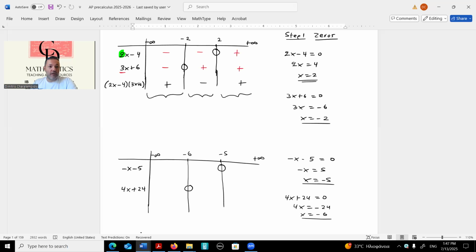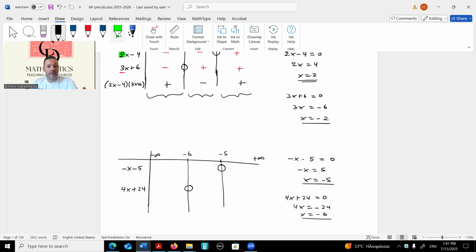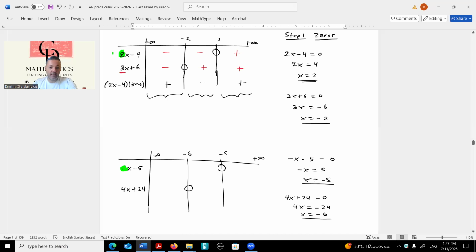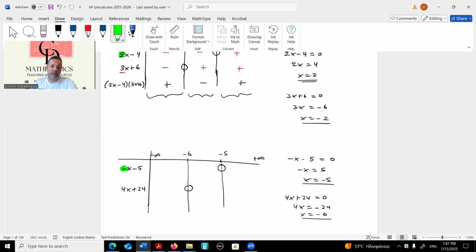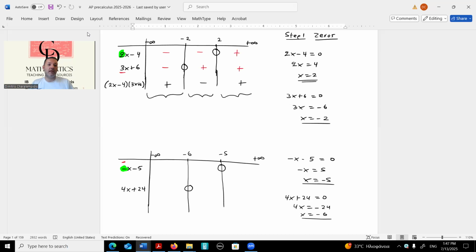Minus x minus 5. The coefficient of x is negative 1. And that is a negative sign. And based on the previous hint I gave you, whatever the coefficient of x is, the same will be at the right of that zero sign.